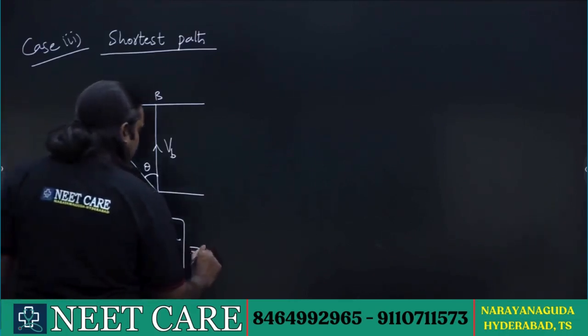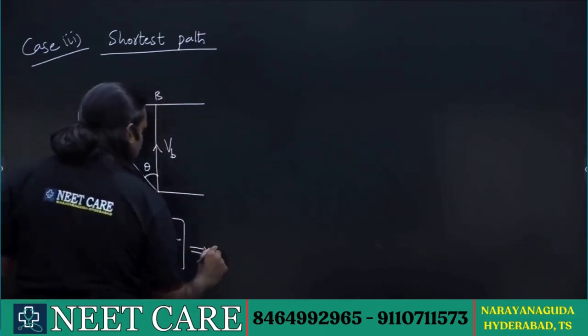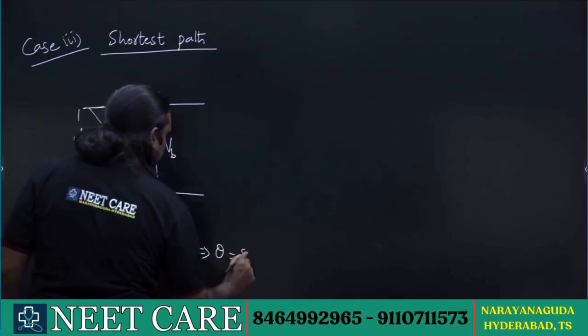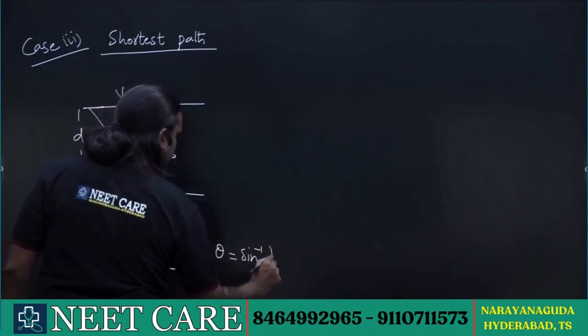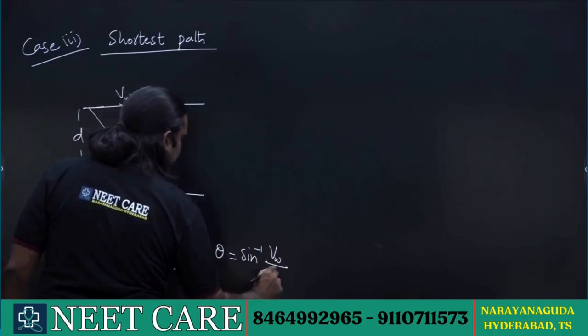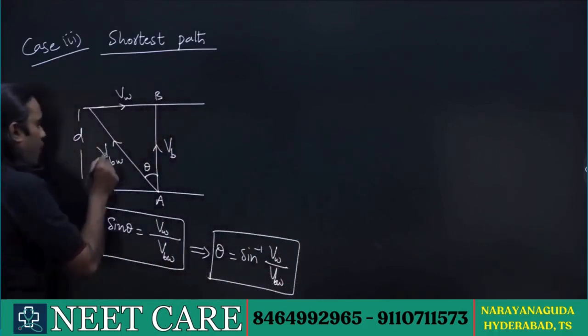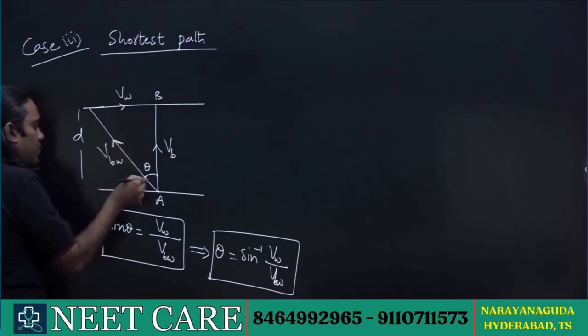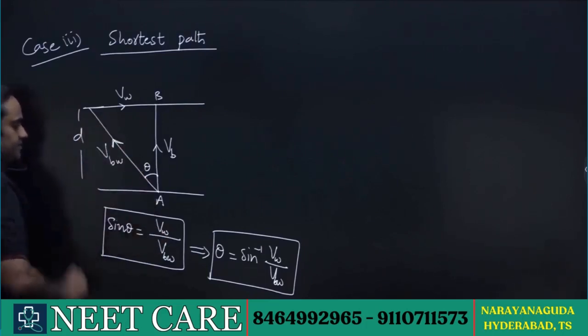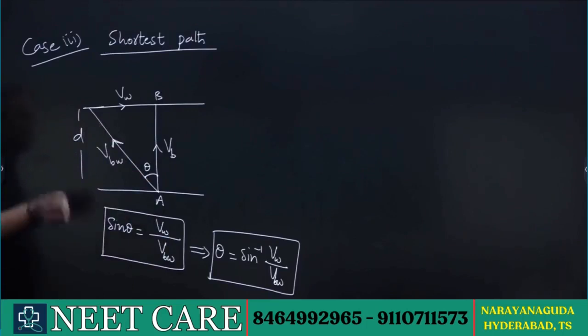Or else, during shortest path, the selection of theta must be sin inverse of VW by VBW. That's it. If the boatman all the time keeps the boat along this direction, then the boat will reach the opposite bank in the shortest path.